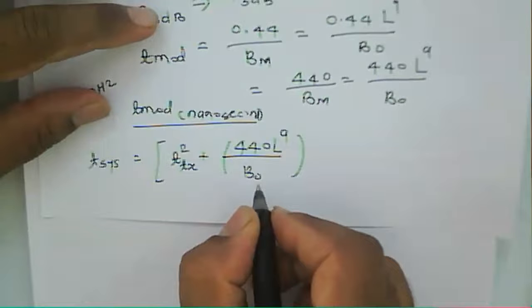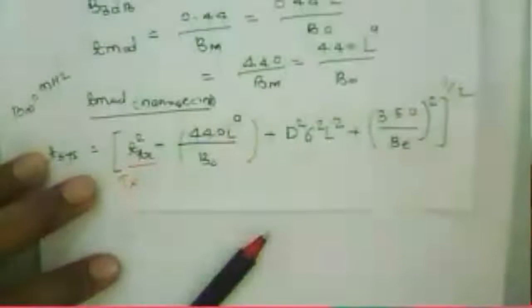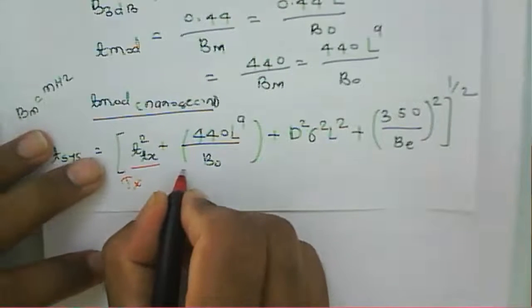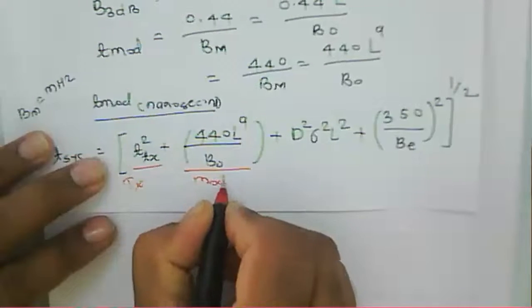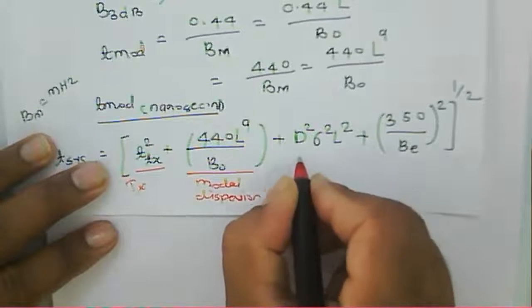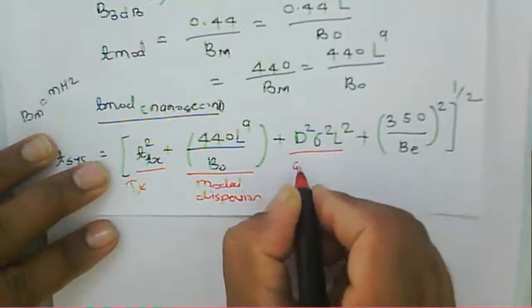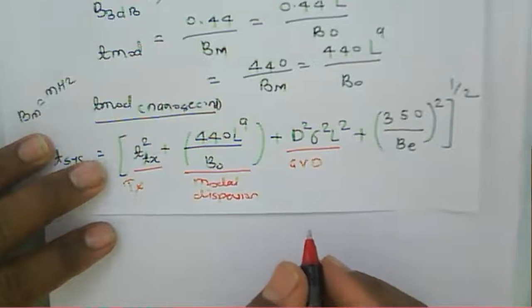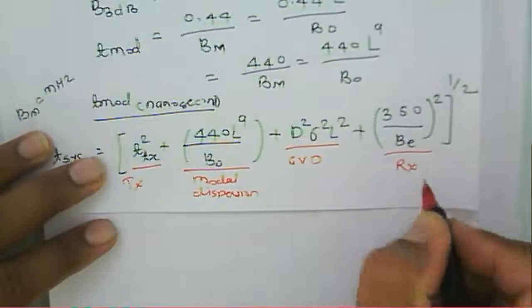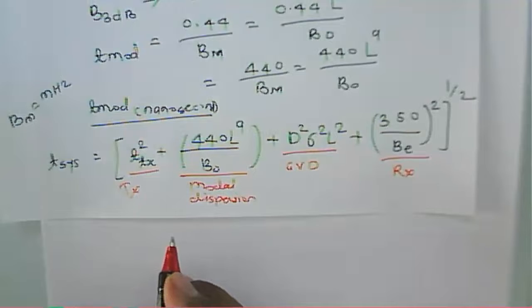Now, the first term in this expression is about the transmitter side. This is about modal dispersion. This is about group velocity dispersion rise time, and this is about receiver side dispersion.